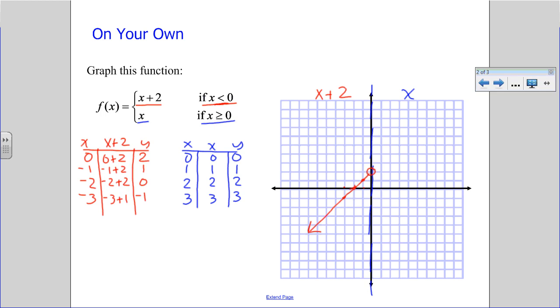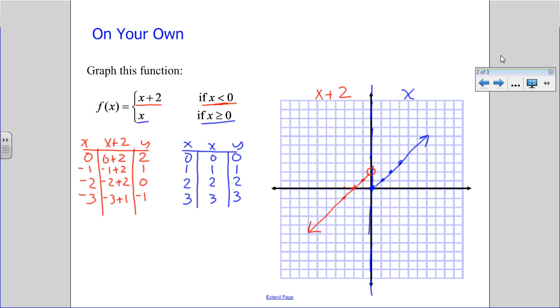It's greater than or equal to 0, so our blue function is the one where we can have the closed circle, and then we have 1, 1, 2, 2, 3, 3, connect those, and there is our function. All right, so once again, this is an example where you don't create the V, but you have kind of like the jump in your line, okay?